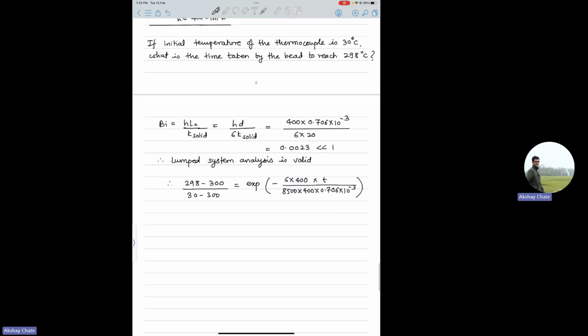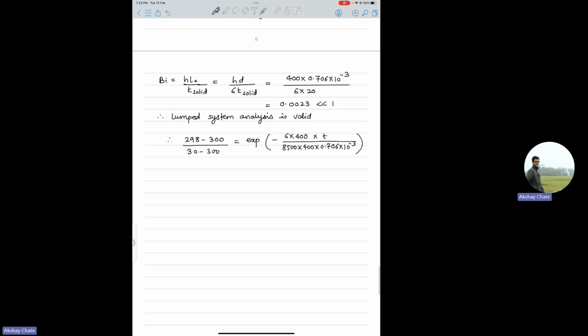So one equation, one unknown, and if you solve this, you should get time around 4.9 seconds. So this is your answer.